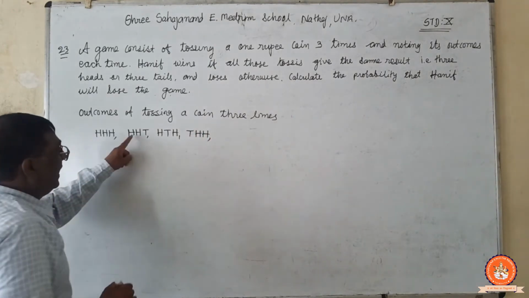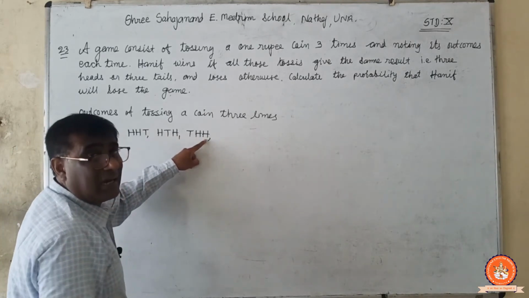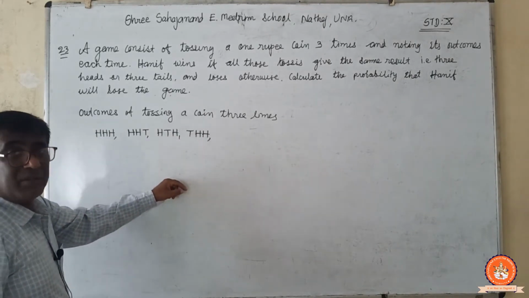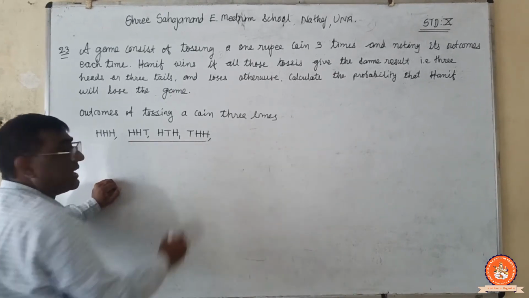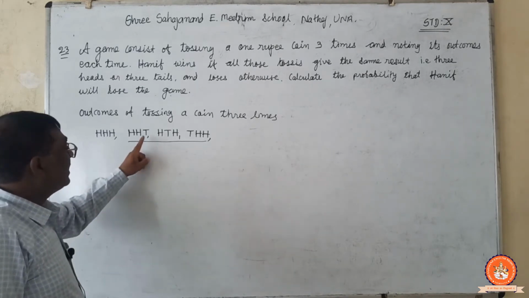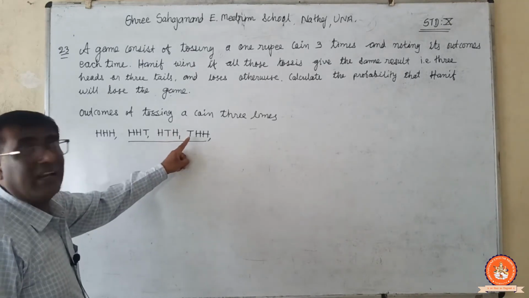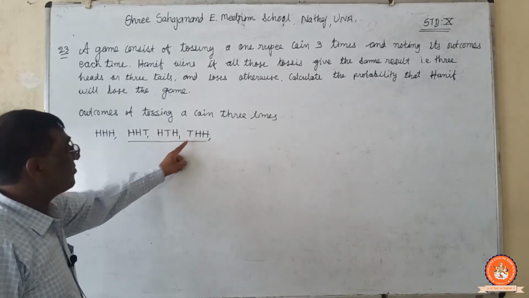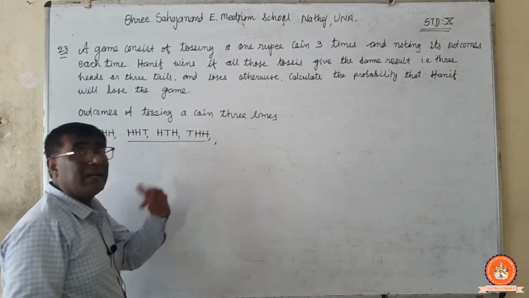These are the cases in which there are 2 times head and 1 time tail. But look at it: tail at the last, tail at the second time, and tail at the first time. Now here it is 1 head and 2 tails.